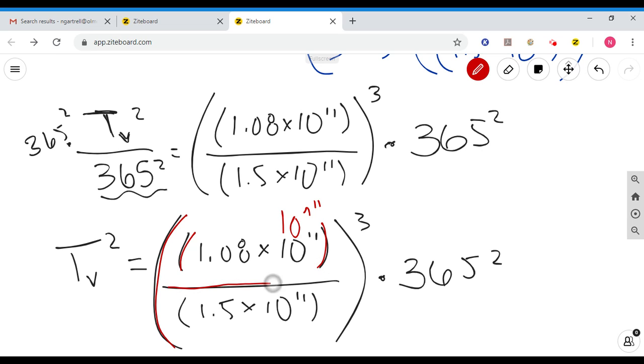Then I hit the division sign. Then I put in one parenthesis here. 1.5 times 10 to the 11th. Close this parenthesis. Close this parenthesis to the third power. Now at this point, you might want to hit enter.